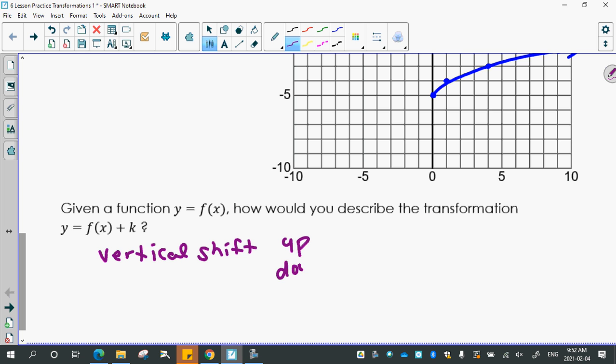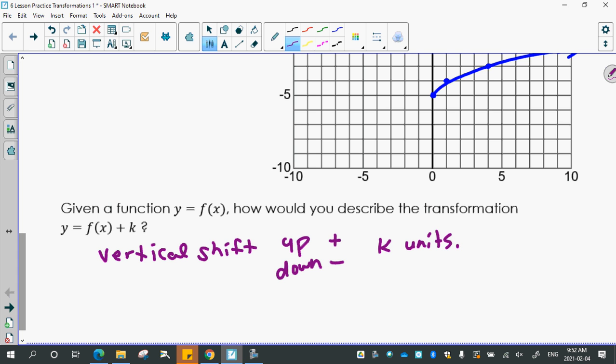So I'm going to write them like this. If it's positive, you're going up. If it's negative, you're going down. k units. It's going to be a vertical shift, either up or down, k units. Does that make sense, everybody? Vertical shifts?